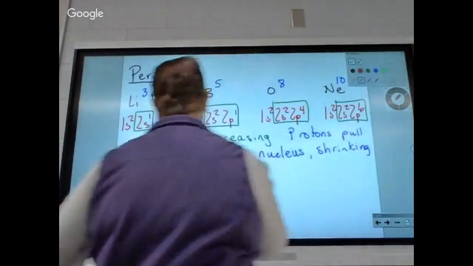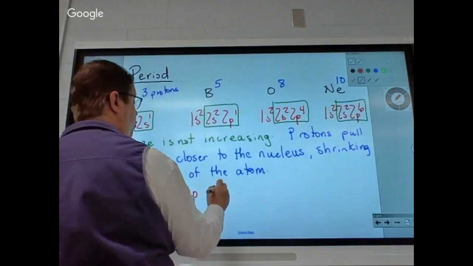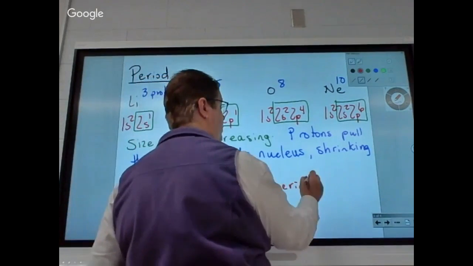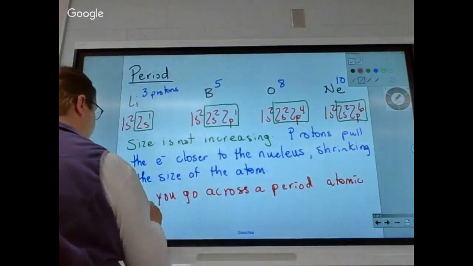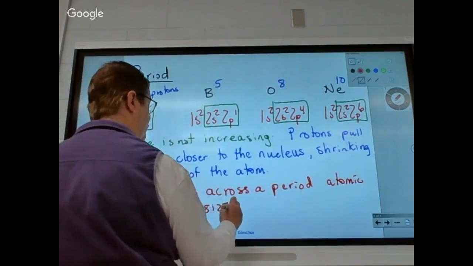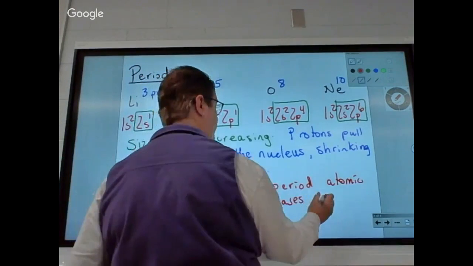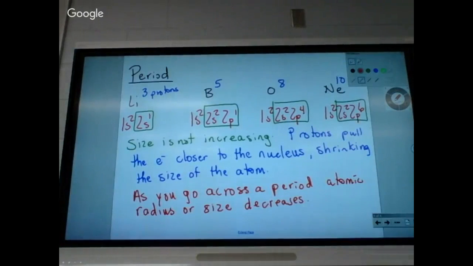So you should have told me as you go across a period, atomic radius or size decreases. Now, for your visual people, I'm going to put this on a picture in a moment. But that's it in words.